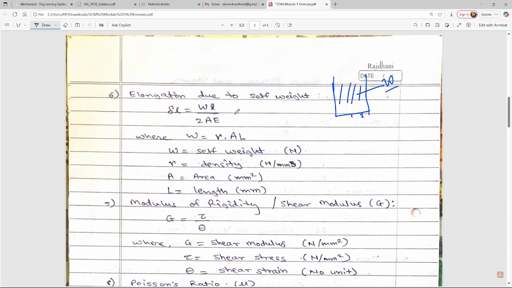This elongation we can calculate by this formula: Delta L is equal to W L upon A E. W will be the self weight and L will be the original length, and A is this area. W we can calculate by density, gamma: density into volume. Volume will be area into length. Density into volume will be the weight.